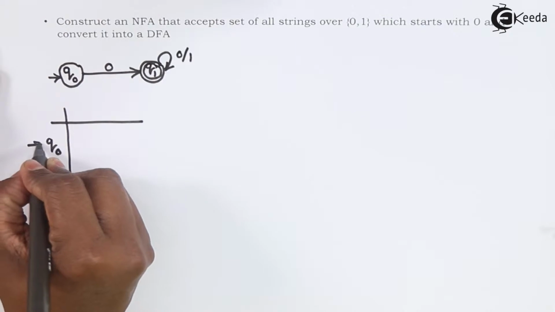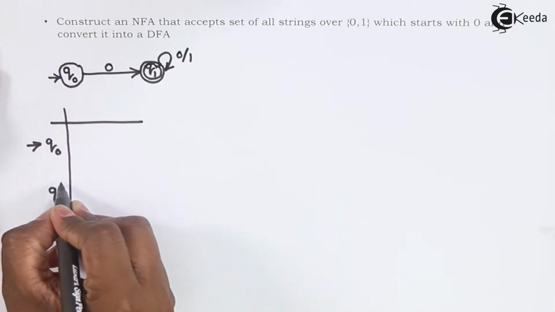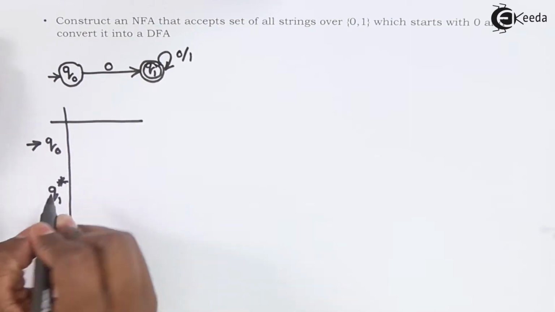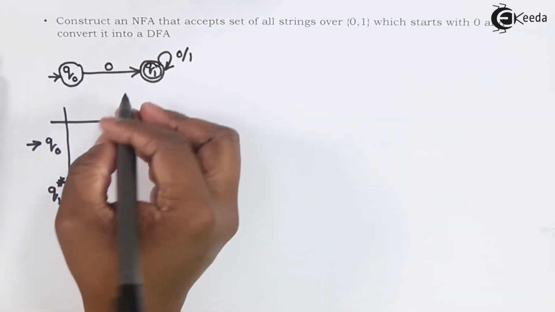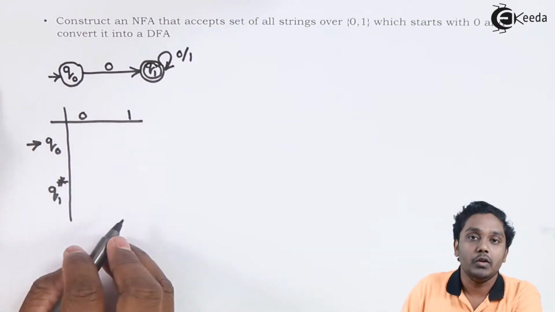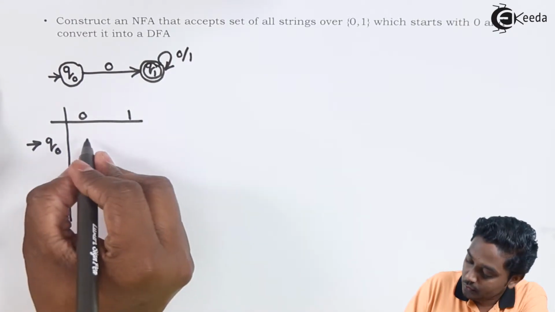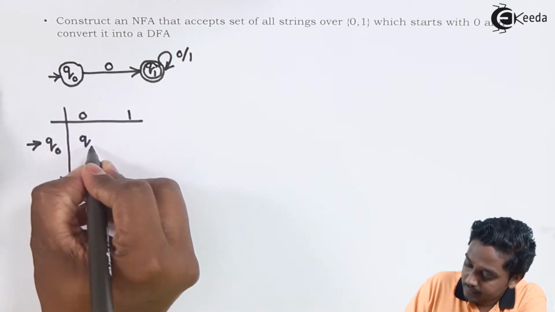Q0 is our initial state, so we mark Q0. Q1 is our final state, we mark Q1. Now we'll fill the transition. As you can see, Q0 has a transition to Q1 on the symbol 0. So here we will fill Q1.